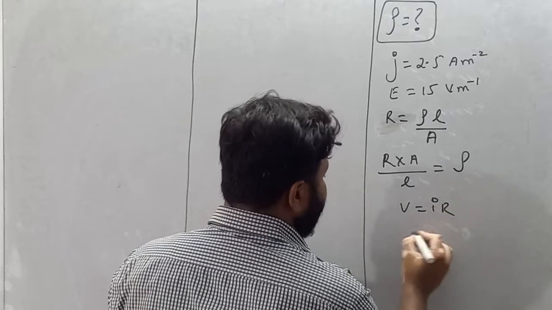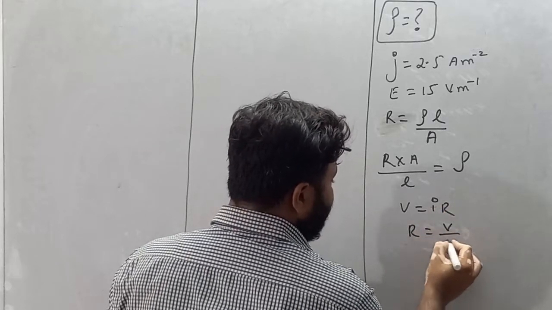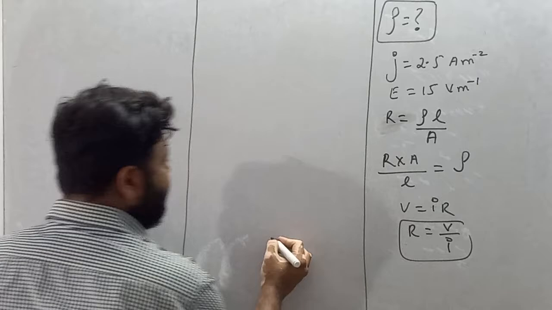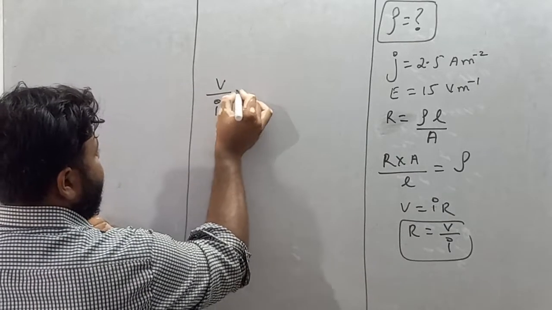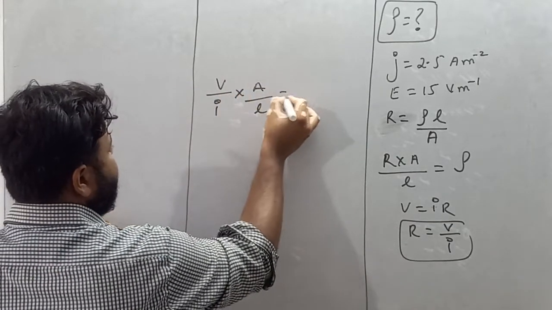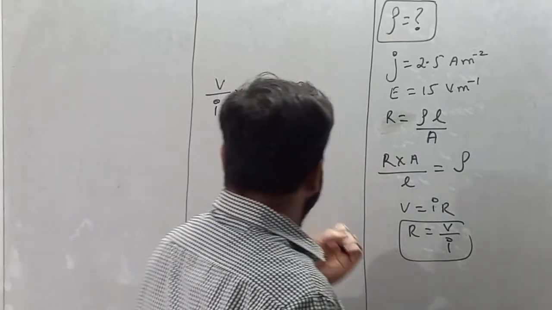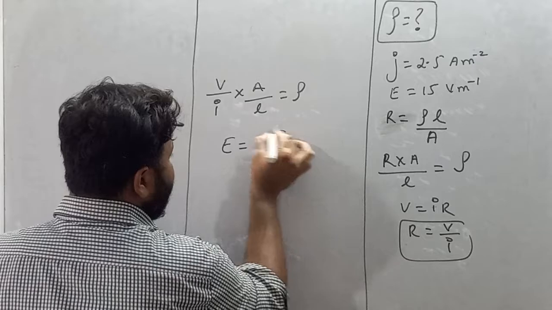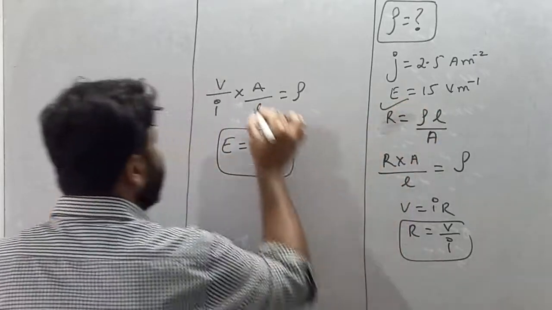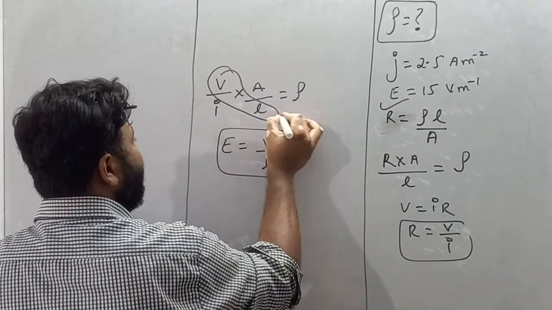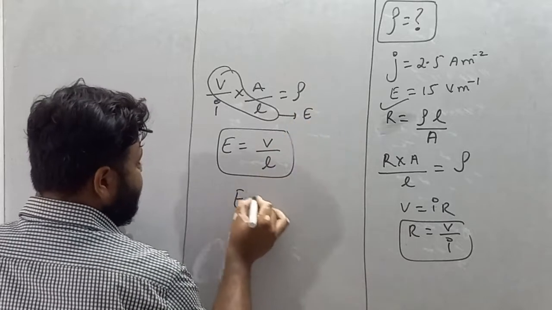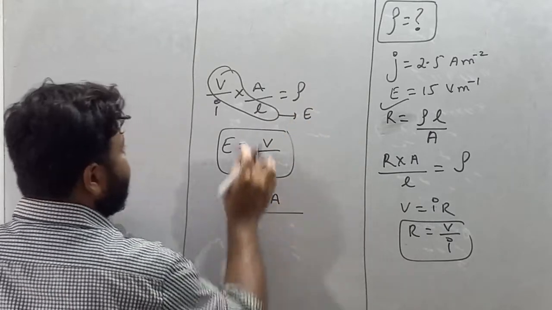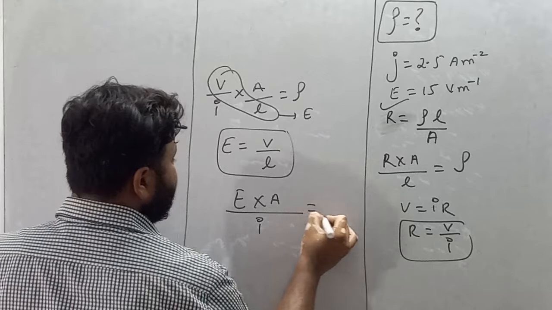So instead of R, we can write V by I. So we'll get V by I into A by L is equal to rho. Now we know that electric field is nothing but V by L, and electric field is given. So V by L can be written as E. So we'll write E into A divided by I is equal to rho.